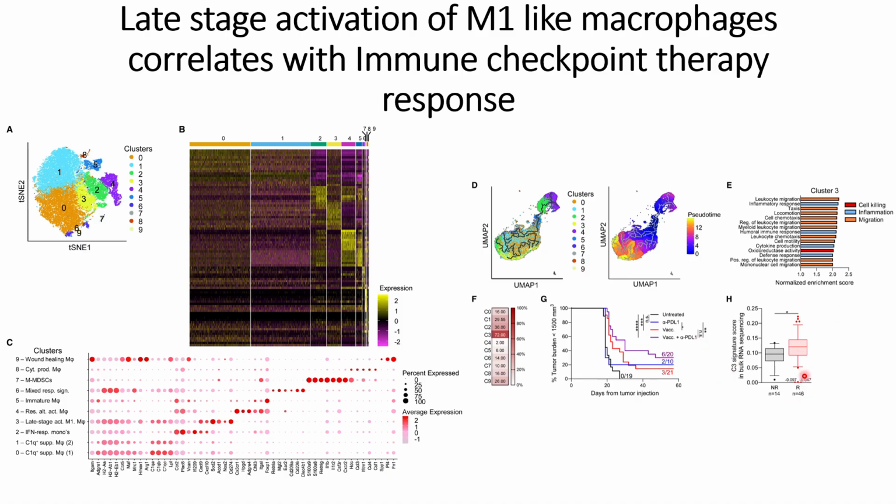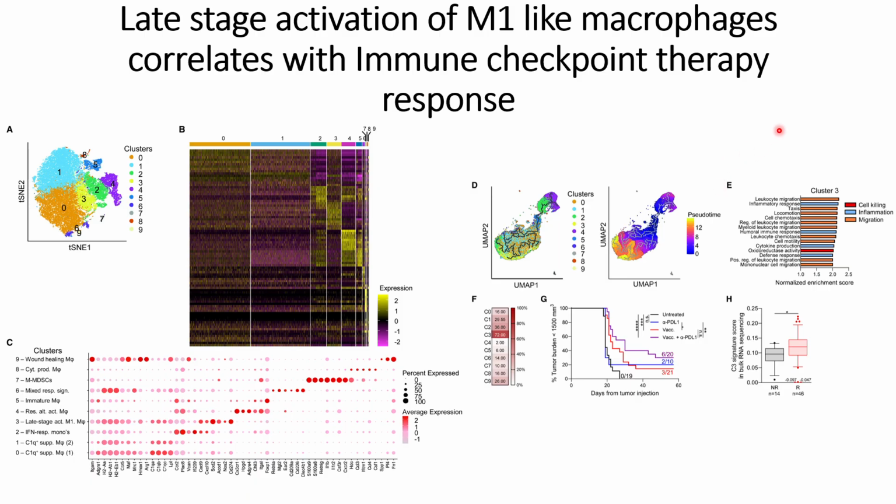This indicates that the treatment that responds to the vaccine and anti-PD-L1 will cause late stage activation of M1-like macrophages. So from these results, they finally concluded that the late stage M1-like macrophages also occur in patients who are treated with immune checkpoint therapies such as anti-PD-L1 therapy.